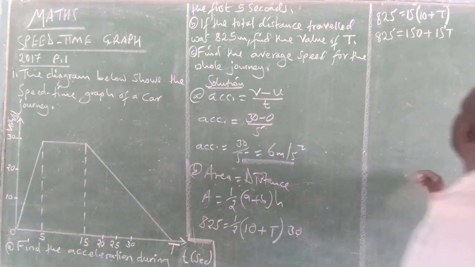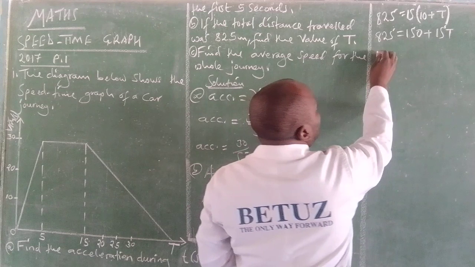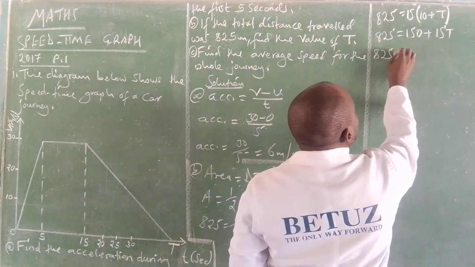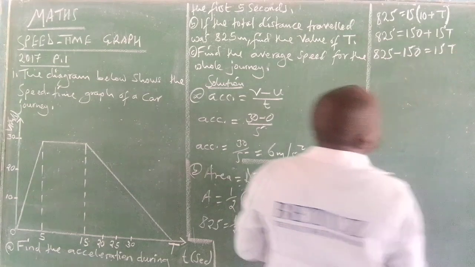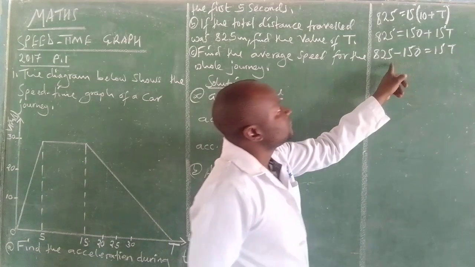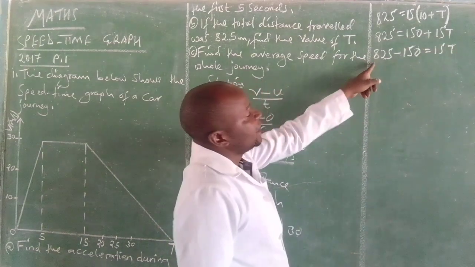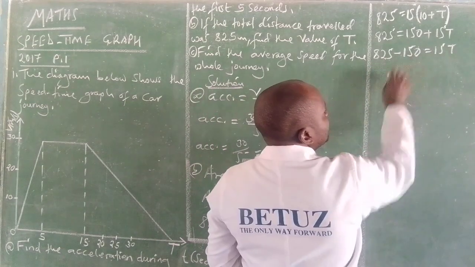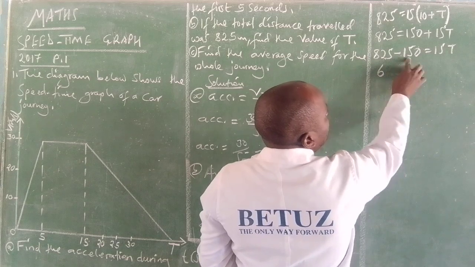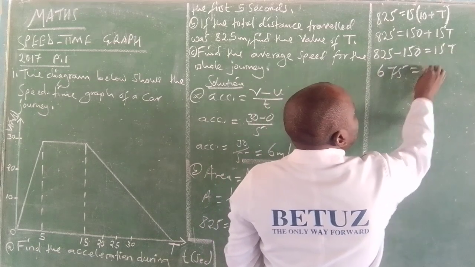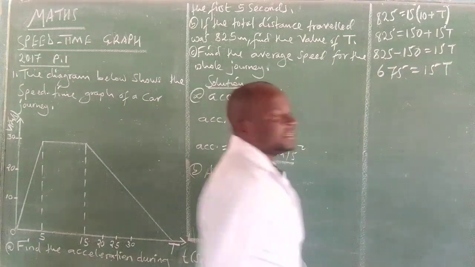At this point we group the items, and we have 825 minus 150 equals 15t. Subtracting 150 from 825, we get 675 is equal to 15t.